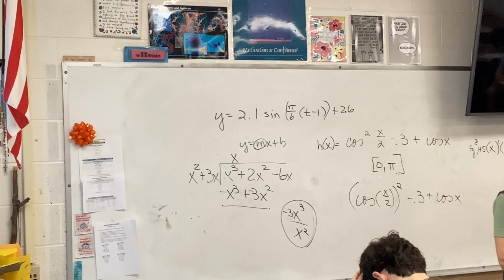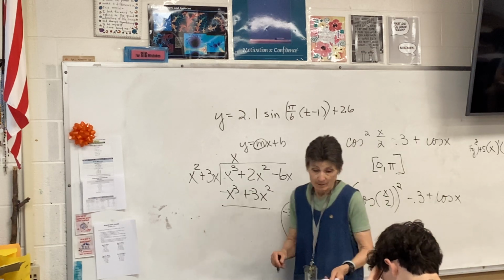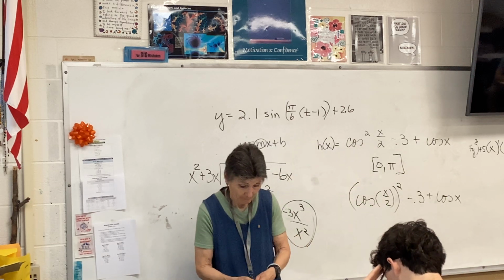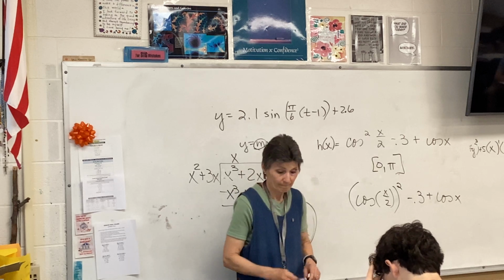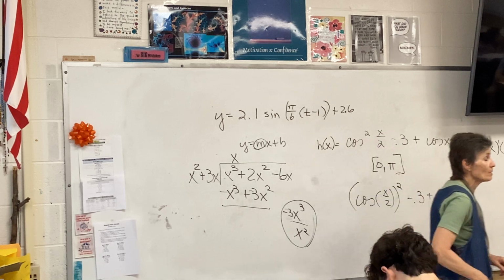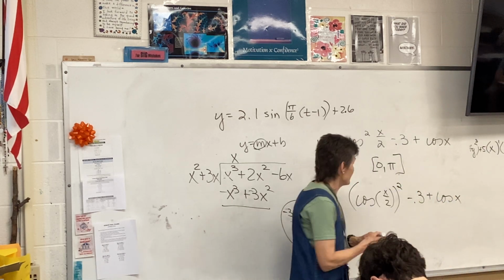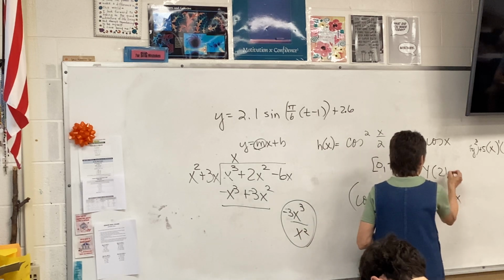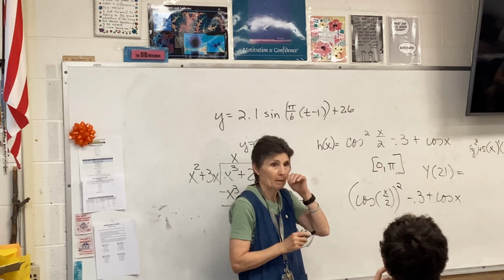Then you're gonna plug 21 into that equation, allowing the calculator to do that, and I got 35.4. Remember how we store that equation, and then all we have to do is type y of 21, and it gives us the answer not rounded off or anything.